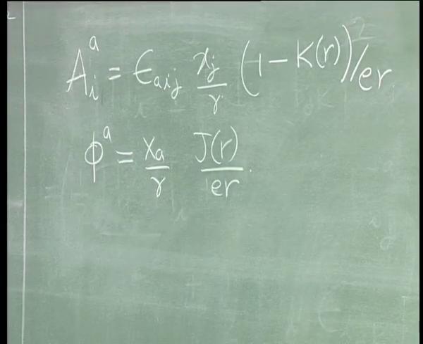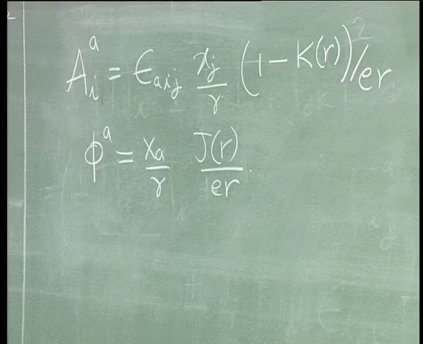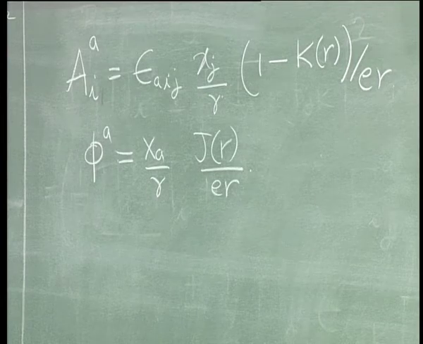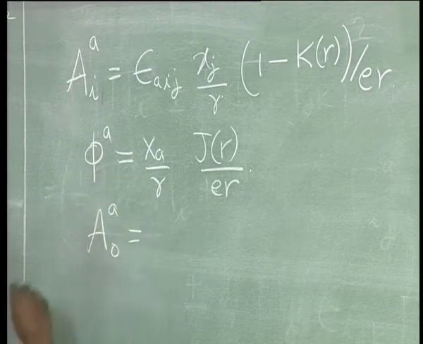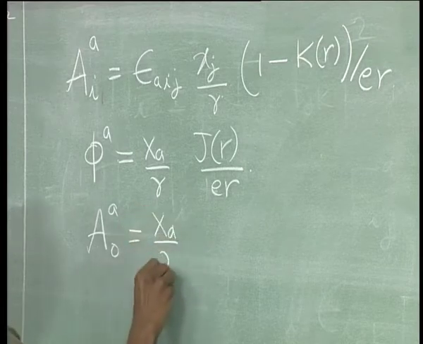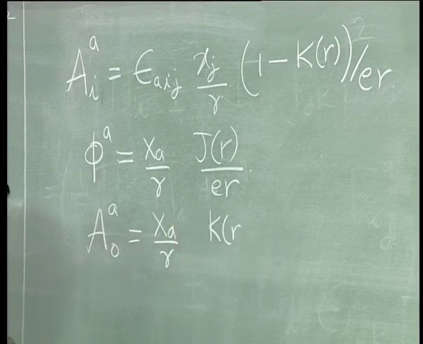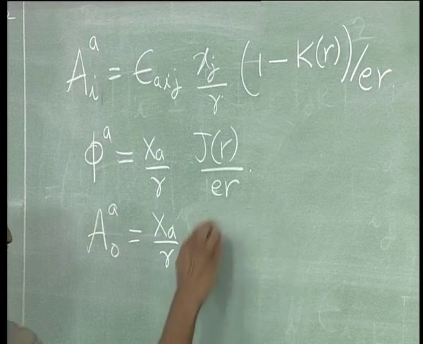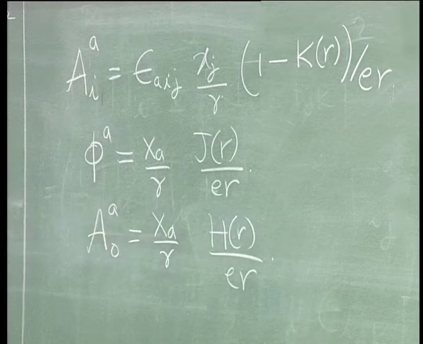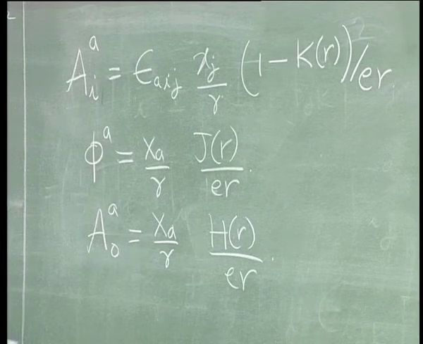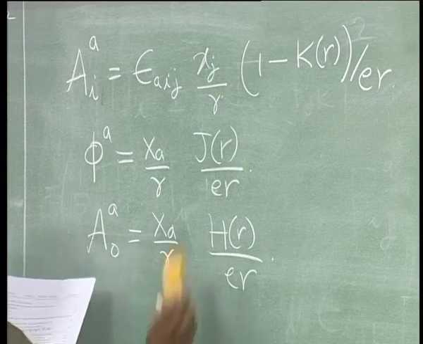This is what we had chosen as an ansatz for A and phi when we solved for this. All one does is add a new variable, h of r. Have I exchanged J and H?